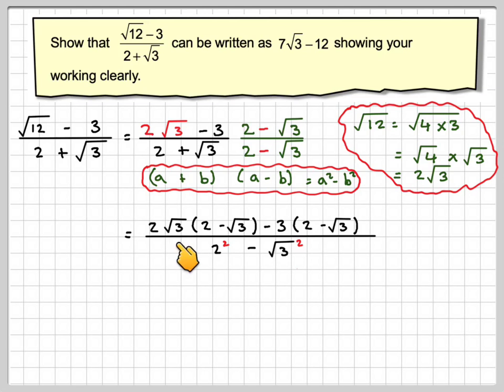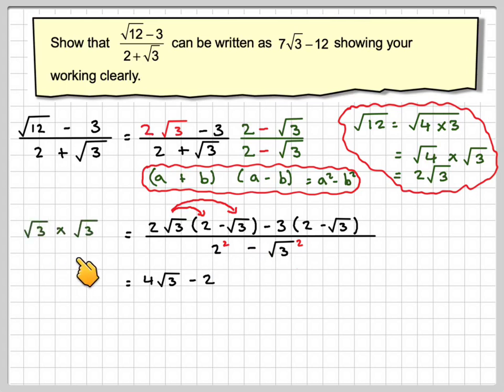Right, now expanding the numerator, so now we need to do 2 root 3 times 2. That becomes 4 root 3. And then we need to do, sorry, 2 root 3 times minus root 3. So that will be minus 2, and we need to work out what root 3 times root 3 is.